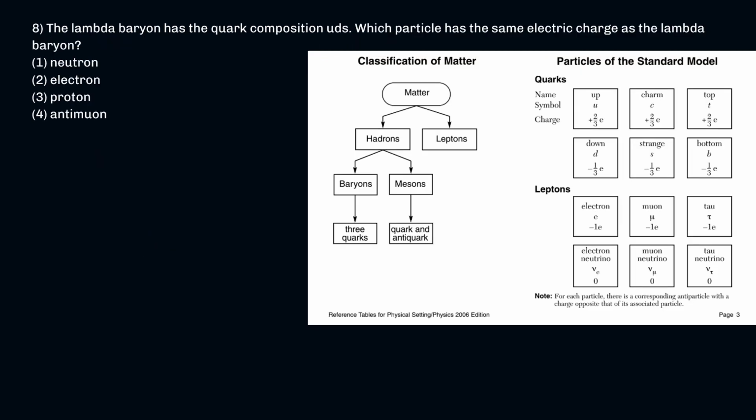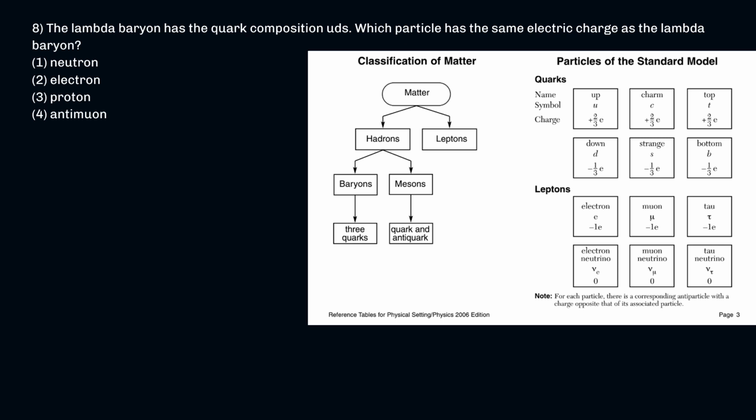All right, so example number 8, where the lambda baryon has the quark composition UDS. Which particle has the same electric charge as the lambda baryon? First, we have to see what UDS actually is in charge, and then figure out which of these particles has the same charge as that.